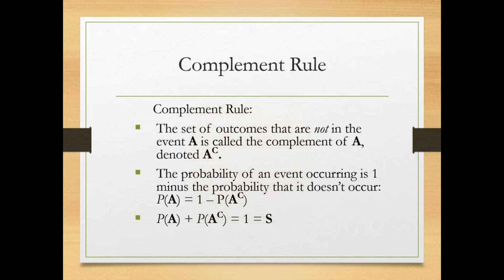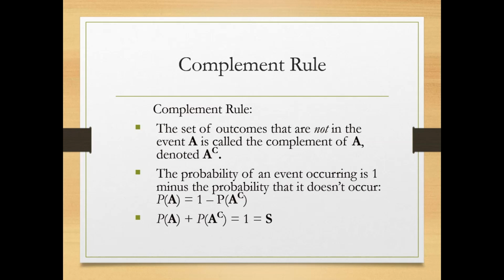We also covered the complement rule. The set of outcomes that are not in event A is called the complement of A, and it's denoted A with that little superscript C. So when you see A, that represents whatever event you've defined A to be. If you see A with that little superscript C, that's events that are not in A. The probability of an event occurring is 1 minus the probability that it doesn't occur.